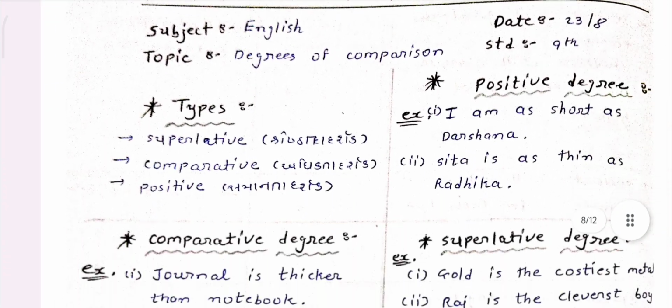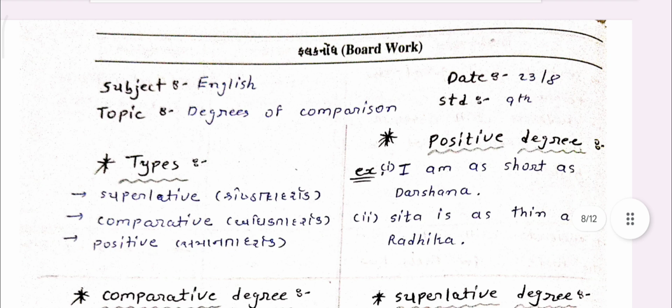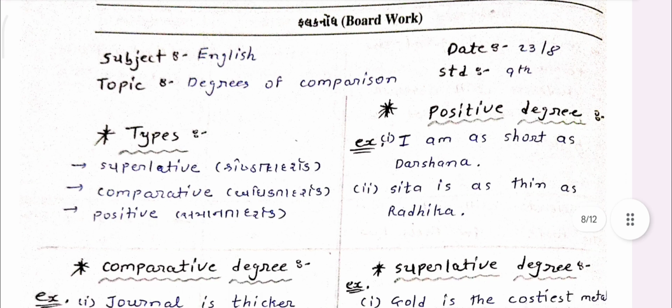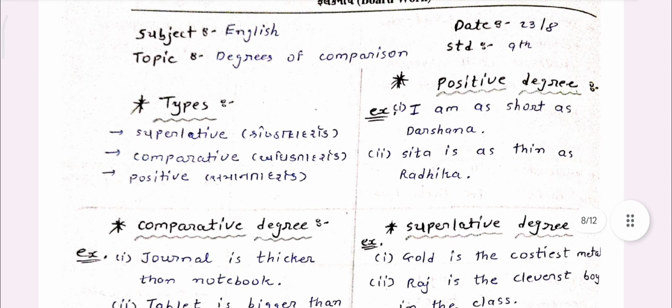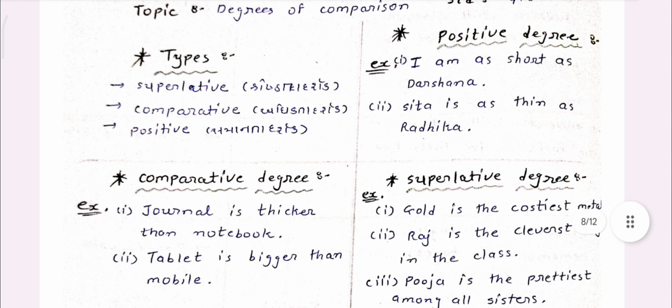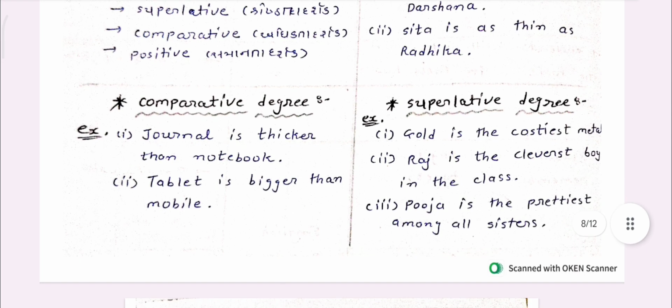Board work of the second lesson plan: here I have written the types of degrees of comparison and their examples. So this is the second lesson plan.